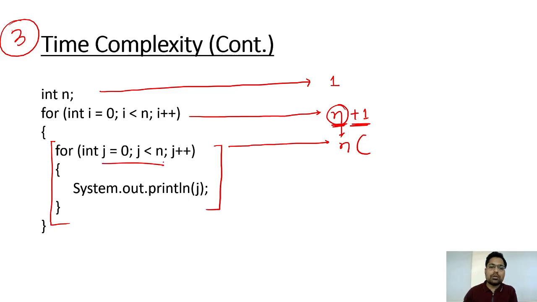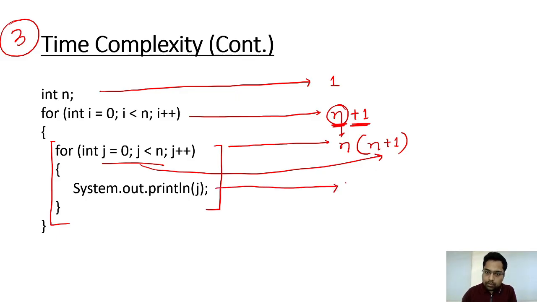Again it has to run n plus 1 times, because it is a for loop condition. Though it is inside the upper for loop, it has to run n times again. So that is why we write n into n.